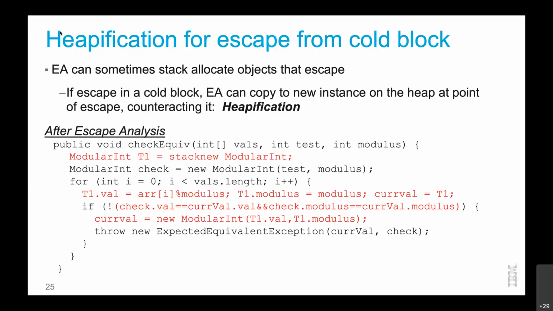I see. So I guess a prerequisite for heapification then would be absolutely no side effects. There isn't that requirement, because all you are going to do is new, in the sense that we're going to allocate enough space. We get a block of memory from the heap that is the correct size, and we copy directly the fields from the stack object to the heap object.